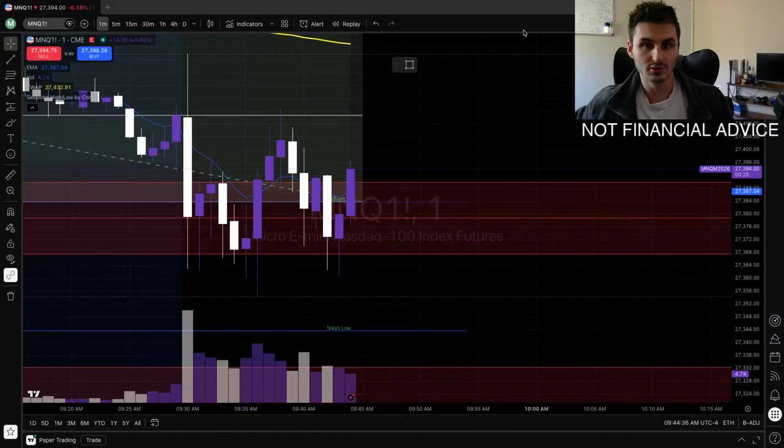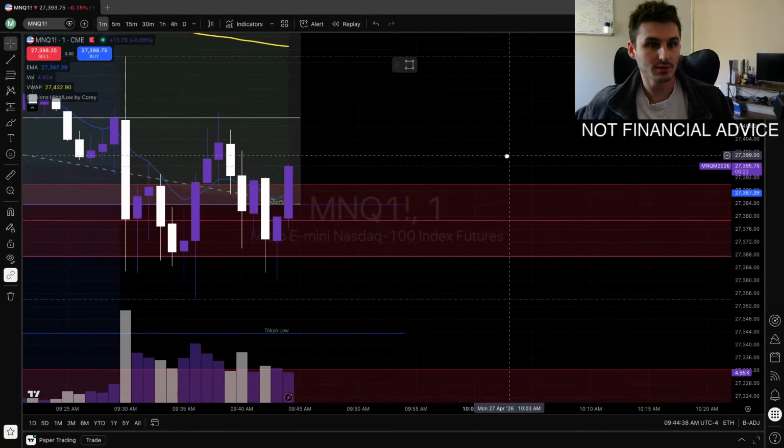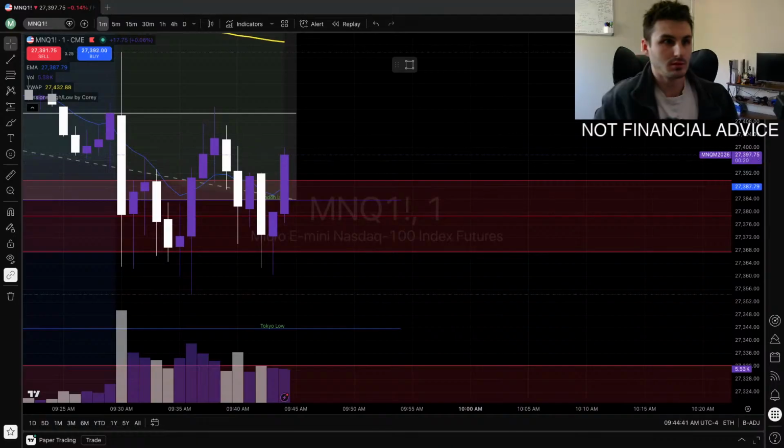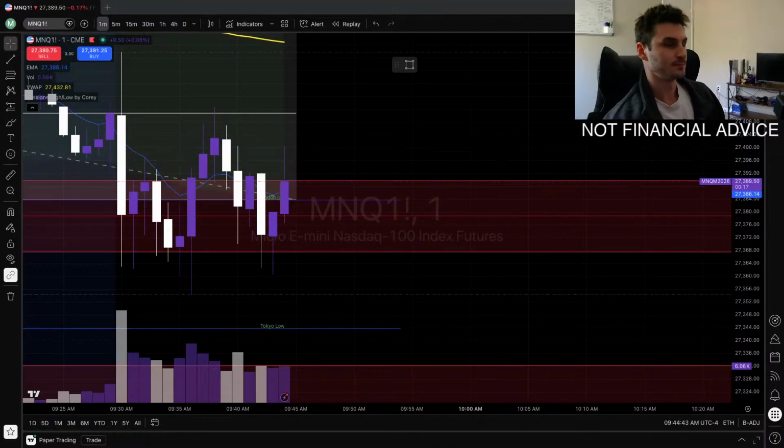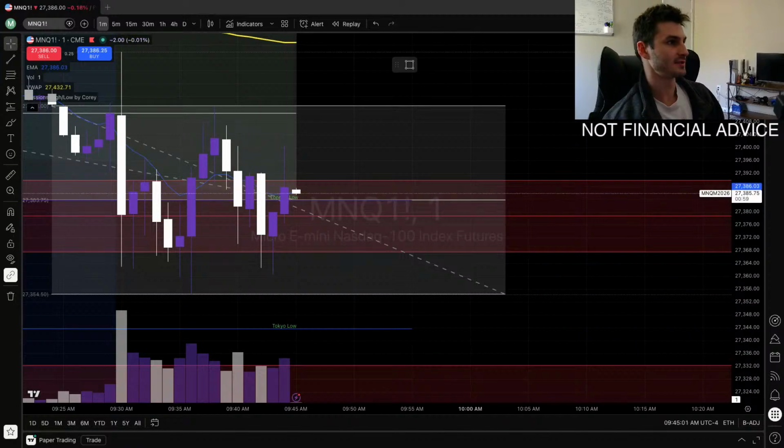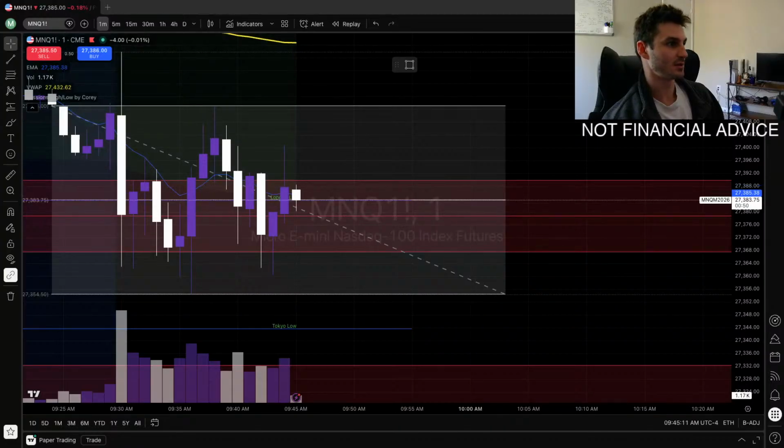Let's move this over. Alright, come on. Like, we low-key just made a new accumulation zone though. Look, I kind of see this happening.